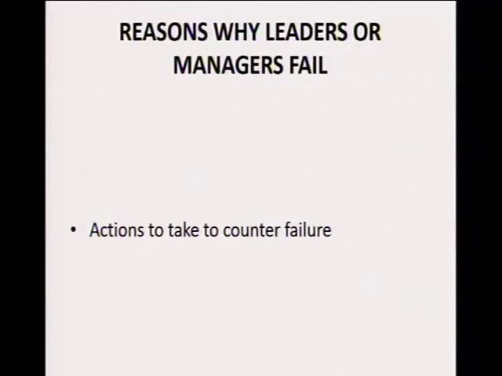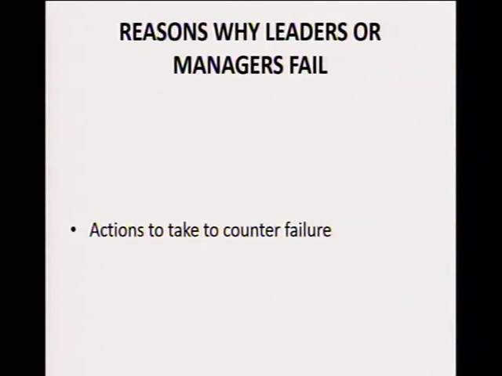And the next question requires you to give reasons why leaders or managers fail. And there are many reasons why leaders or managers fail, and below every reason there are also actions given to counter the failure.